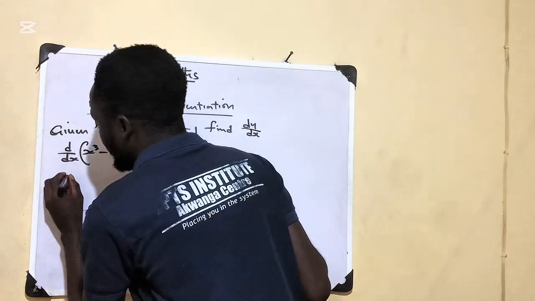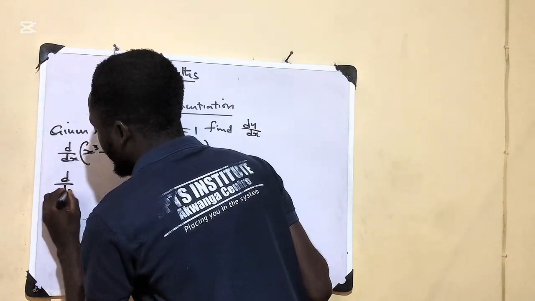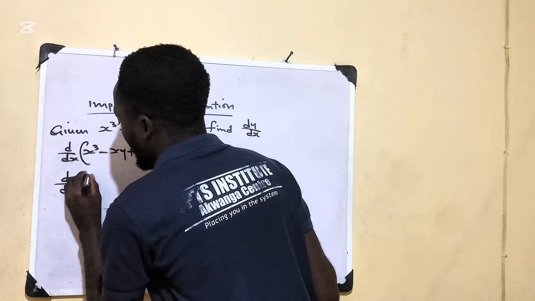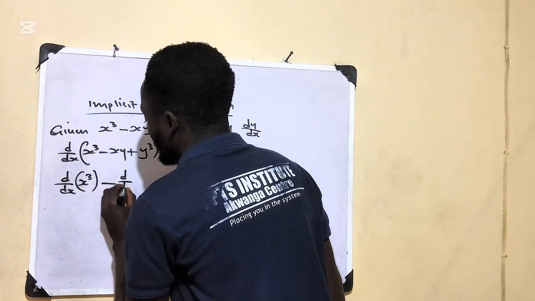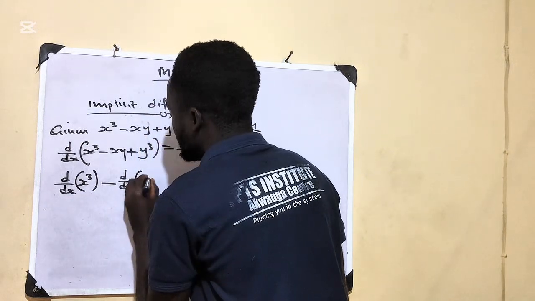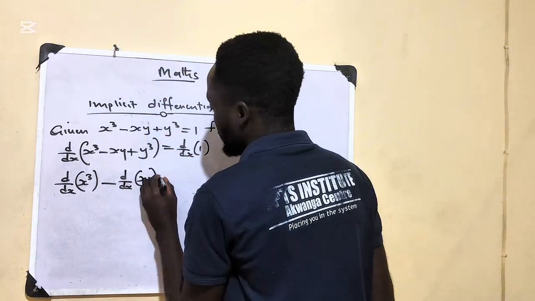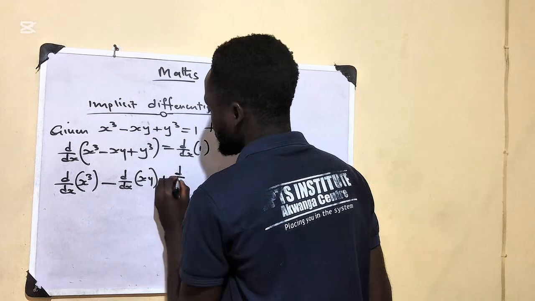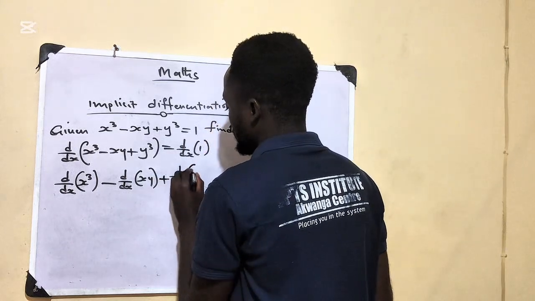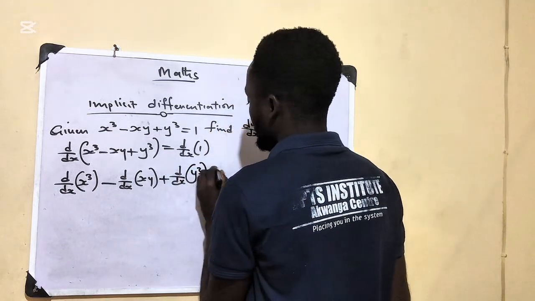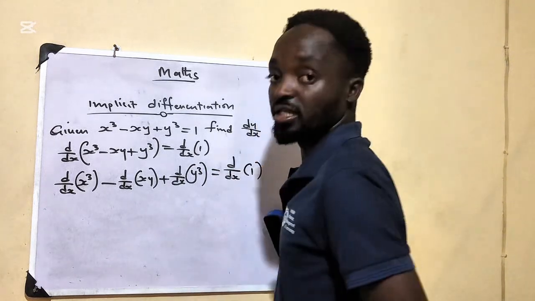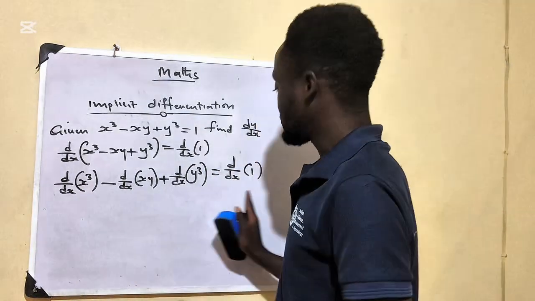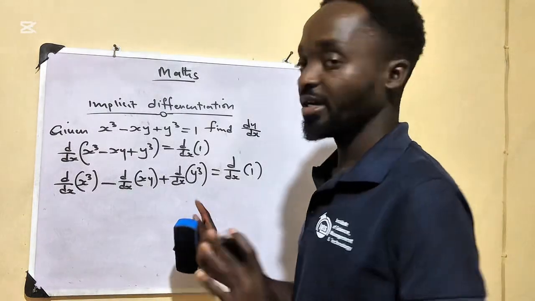So I'm going to have d/dx of x to the power of 3, minus d/dx of xy, plus again d/dx of y to the power of 3, is equal to d/dx of 1. So I just distributed the derivative sign to show that I'm differentiating everything here, okay?